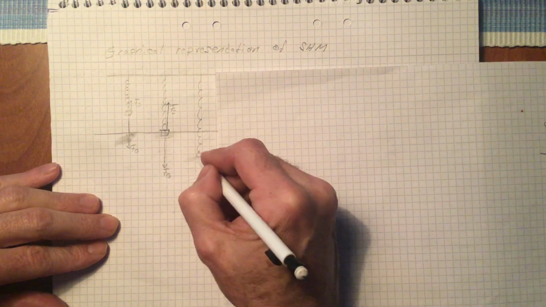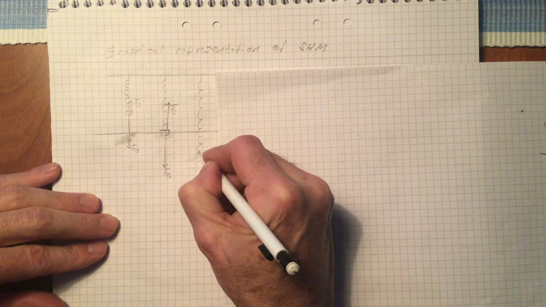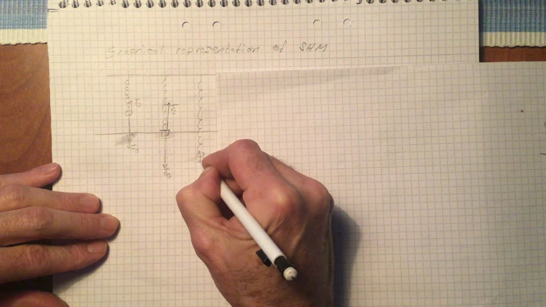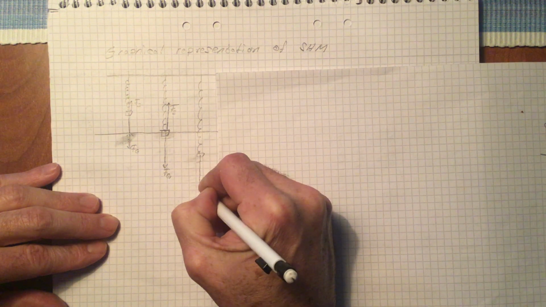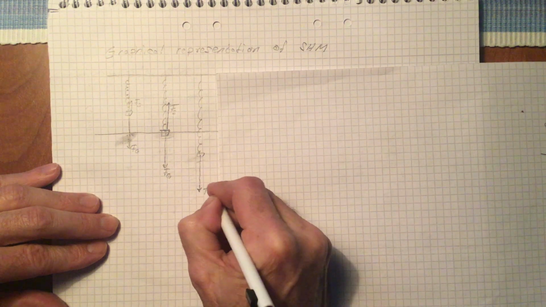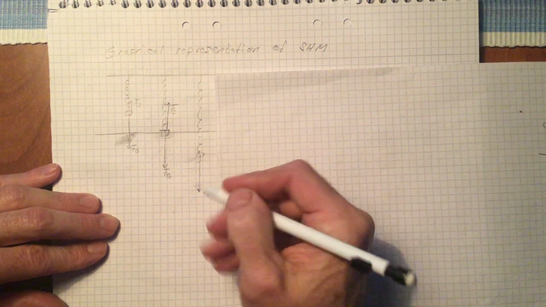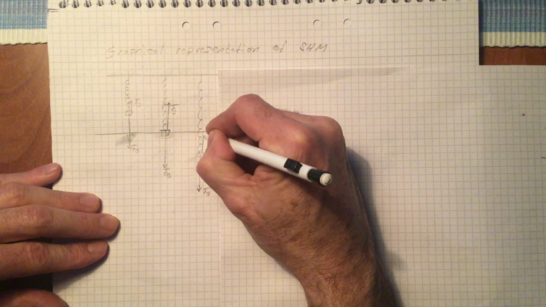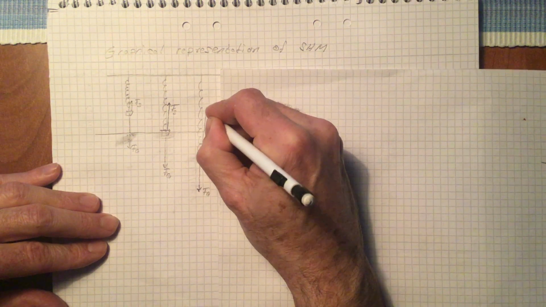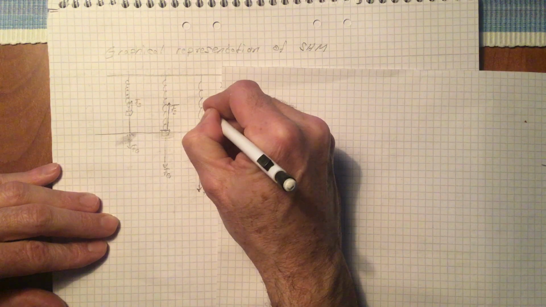In this case, the force downwards is still 5 squares: 1, 2, 3, 4, and 5. So the weight, or the gravity force, is the same, but in this case, the force from the spring is bigger than the force from the gravity.